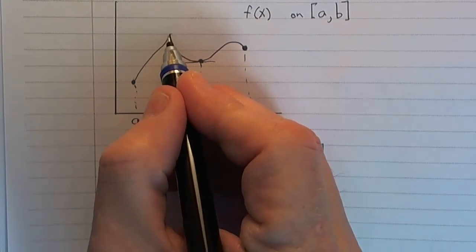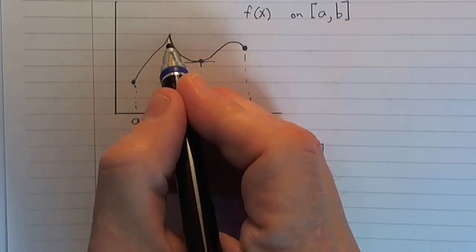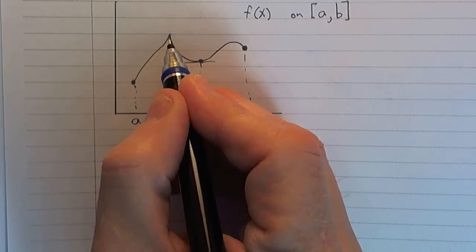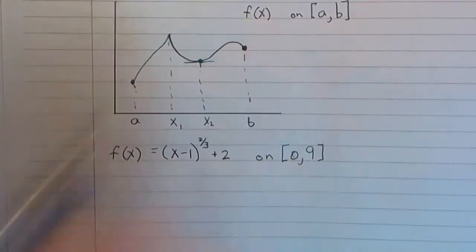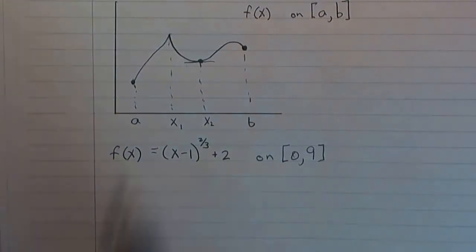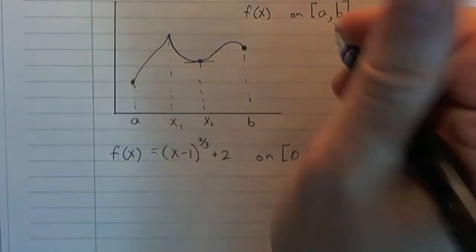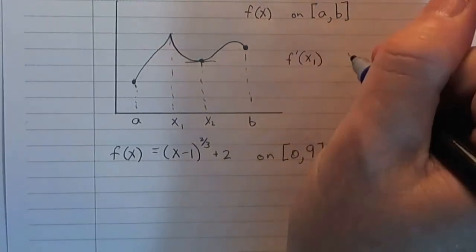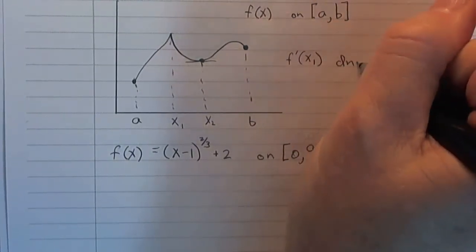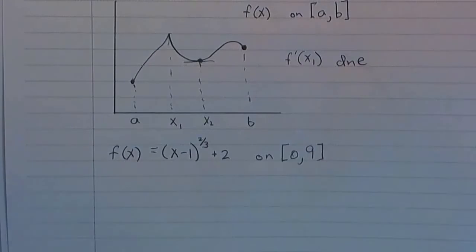And remember, derivatives shy away from sharp points. A function does not have a derivative at a sharp point like this. So we've got a situation here where f prime of x1 does not exist.